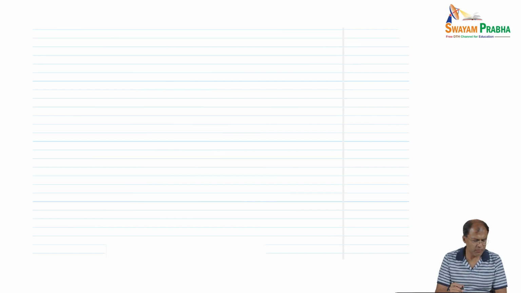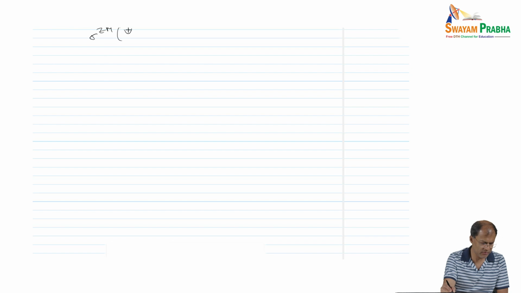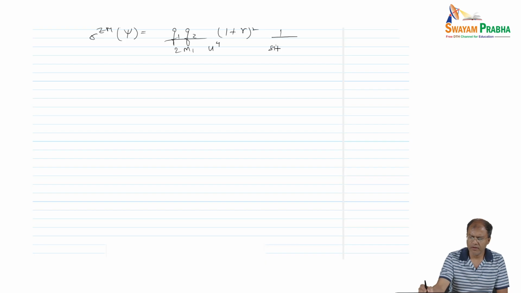So for the Rutherford's problem, let us now come to the zero momentum frame. So what we have is, in the zero momentum frame, sigma zm of psi this time is going to be q1 q2 by 2 m1 u to the power 4 times 1 plus gamma square times sine of psi by 2 to the power 4.